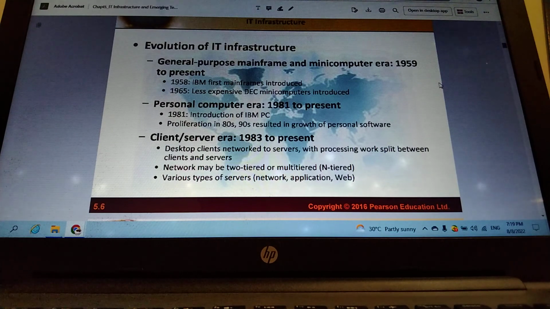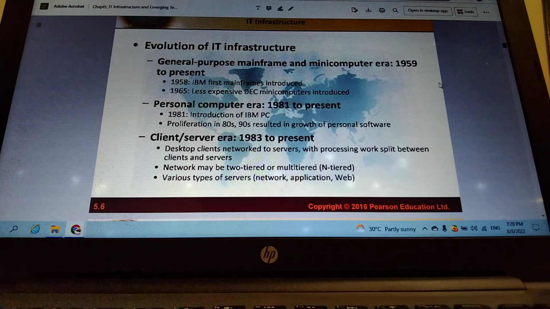And there were some companies developing IT technology or MIS technology for that purpose. But general purpose mainframe and mini computers basically started somewhere in 1959 until today.